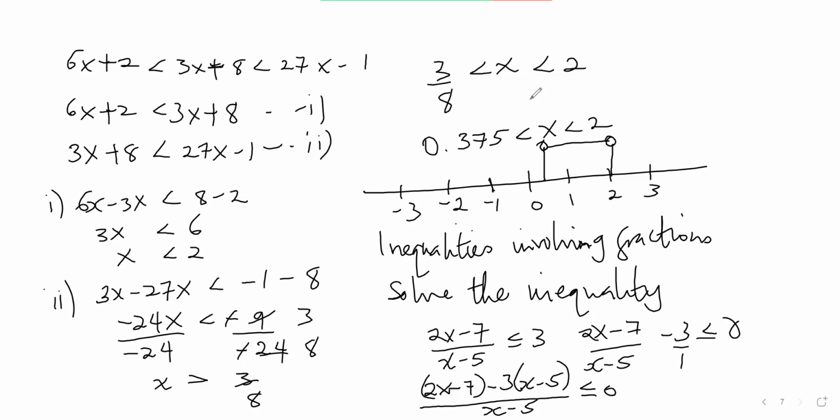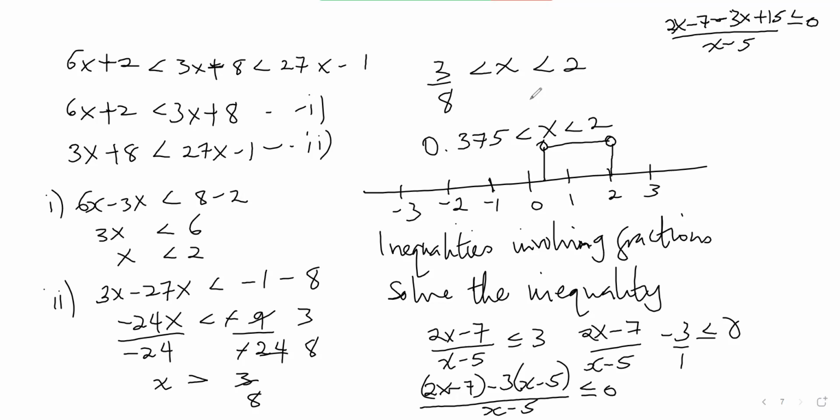Open this bracket, we have 2x minus 7 minus 3x plus 15 is less than or equal to 0.